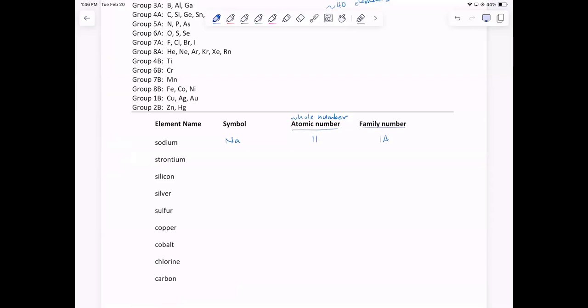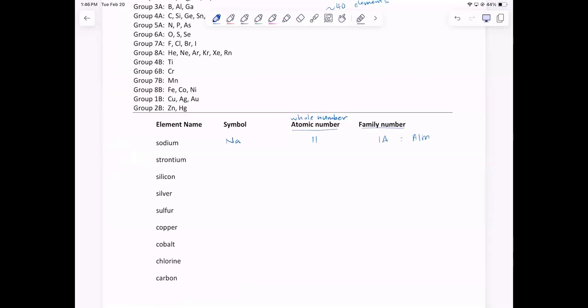Family number 1A has the family name alkali metals. Let me write that properly. So alkali metals is the name of family number 1A, and it's given that name because they all have the property that they're very reactive metals.